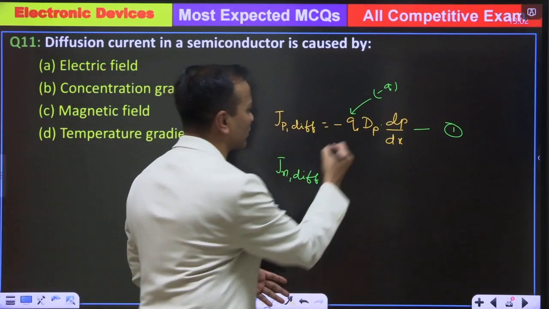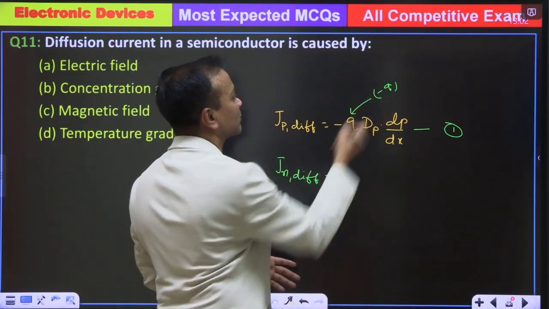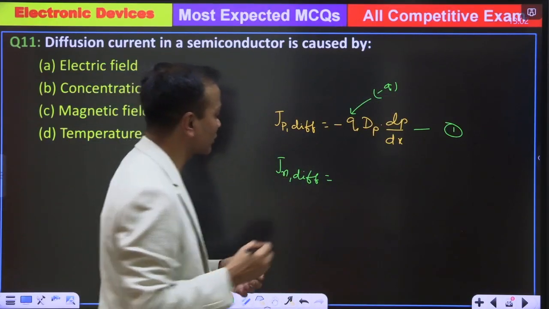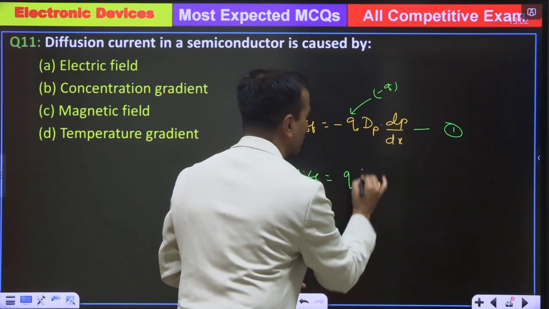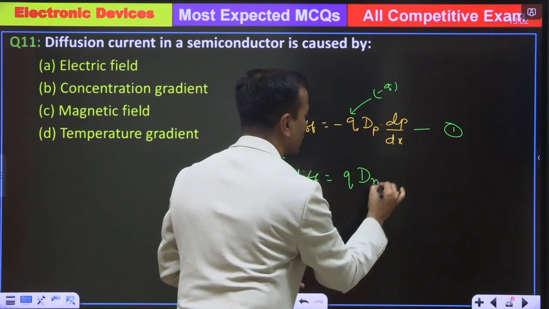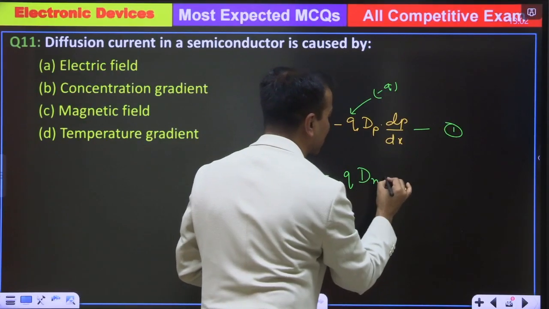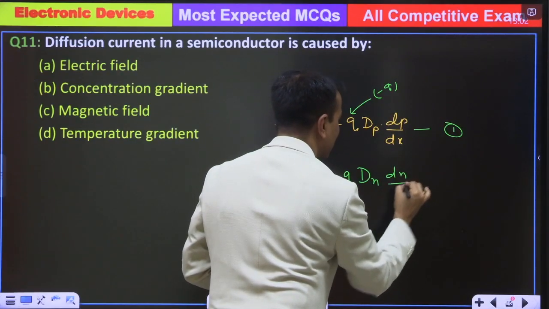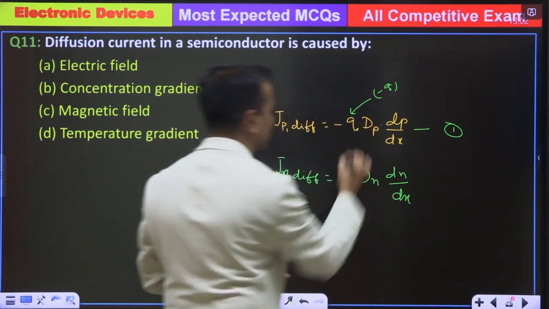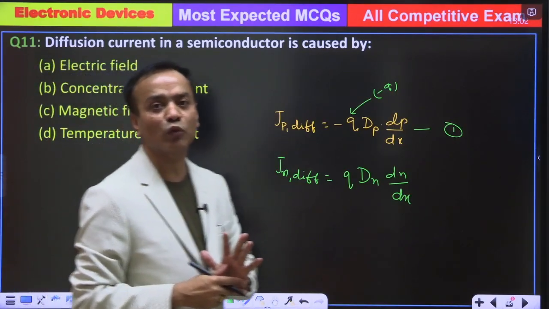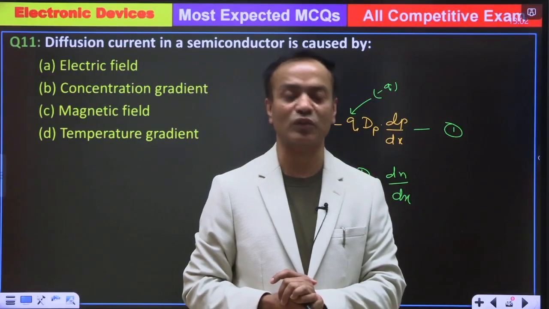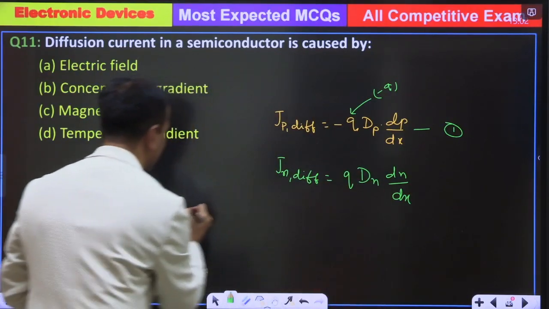Now Q will be replaced by minus Q, so minus becomes plus. This will be simply Q into dN, and this dP by dx will change to dN by dx. Here Q is the electronic charge, and dP and dN are called the diffusion coefficient or diffusion constant, and their unit will be given.